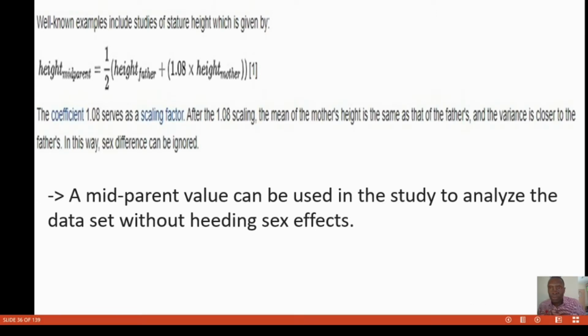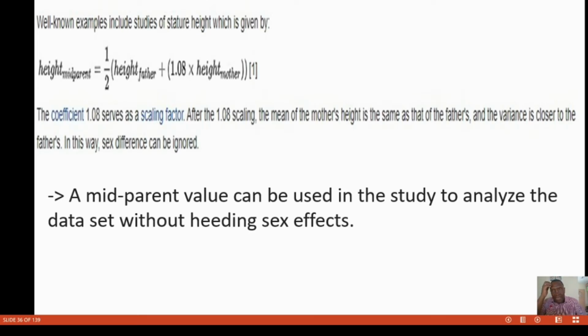So here, well-known examples in birds include studies of the stature, height or length, which can be given by the formula that you can see here, where it is the average or the summation of the height of the female and the height of the male.